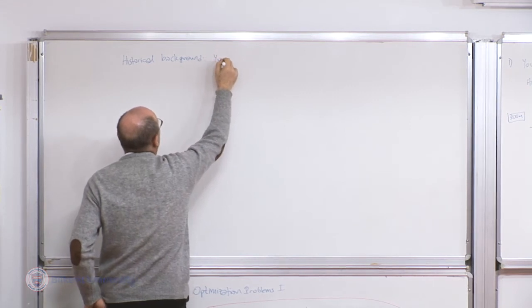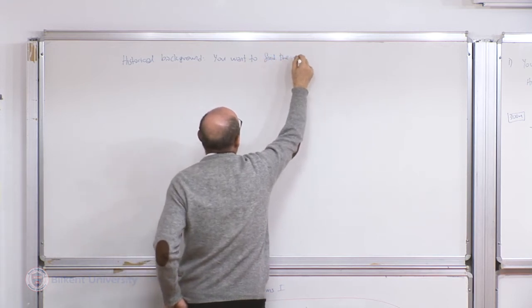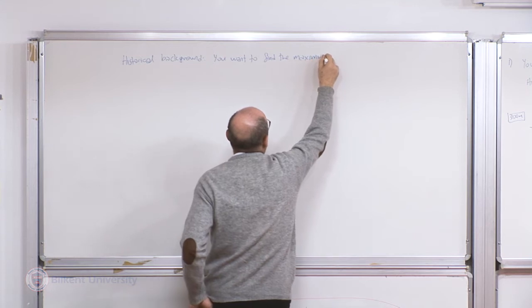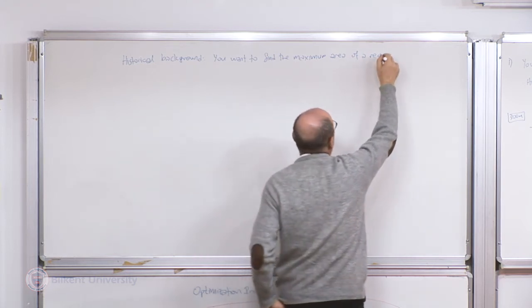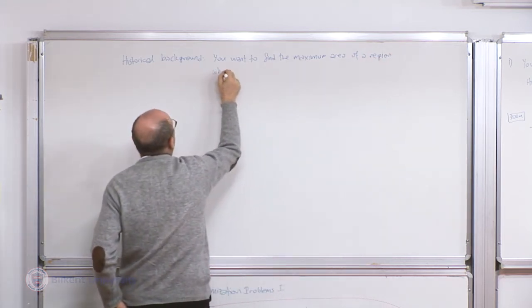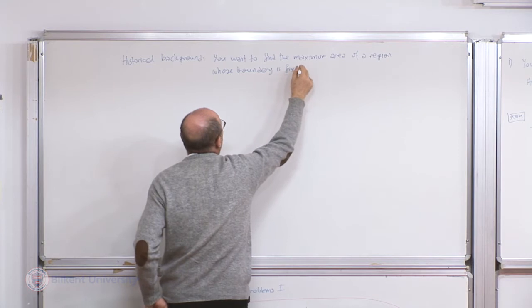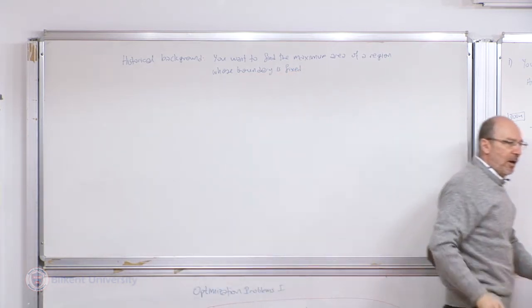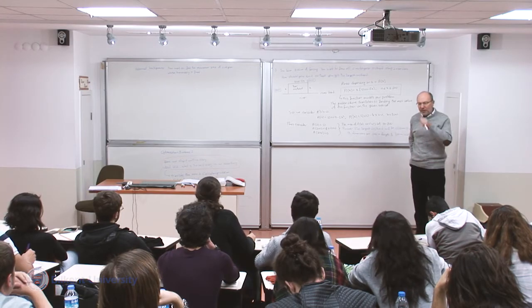Suppose you want to find the maximum area of a region, or rather of the region whose boundary is fixed. Okay, so you are given, I don't know, one 500 meter rope, and you are asked to cover a region with this 500 meter rope, and it's yours. Okay, so historically that was the situation.